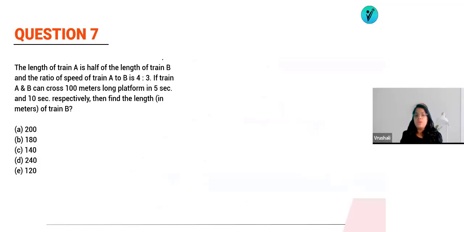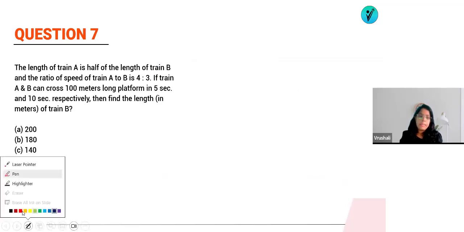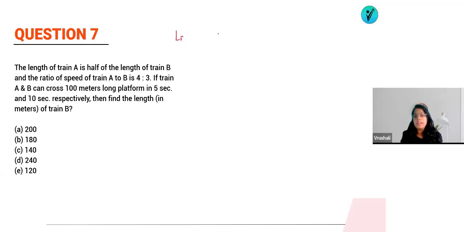So what can we say now? Length A is half of the length B. That means suppose LA and LB. So if A is half, it means LB is equal to 2 times of LA, which is half, meaning 1 times of L. And what we know is that the speed SA is to SB equals 4 by 3. The ratio is 4:3.